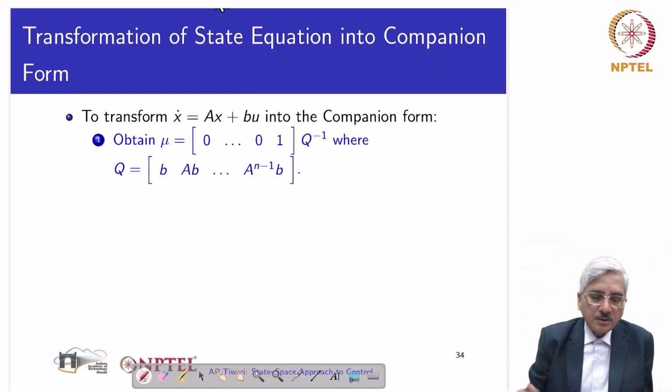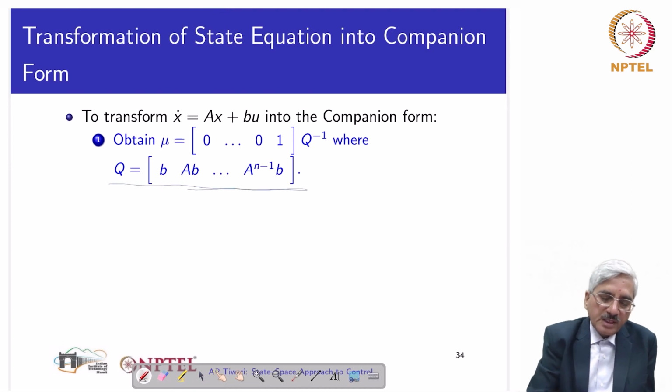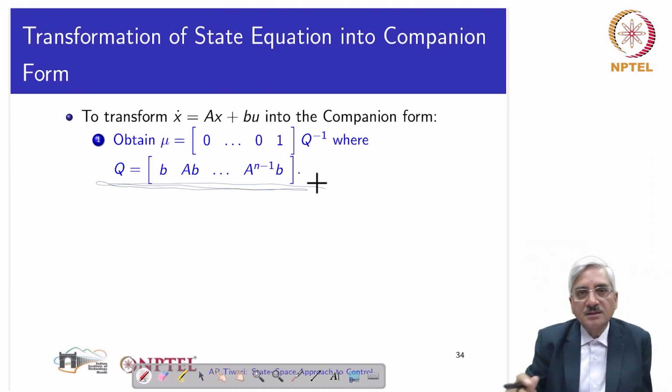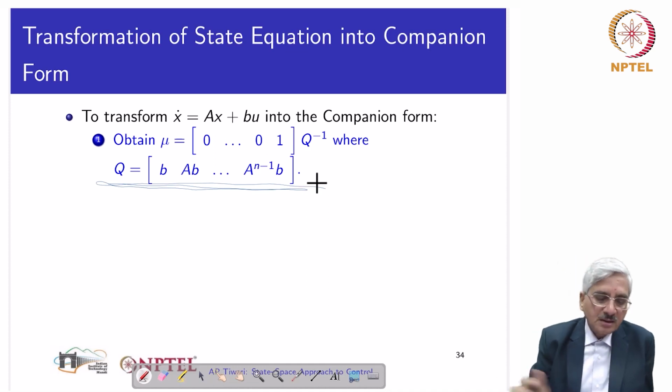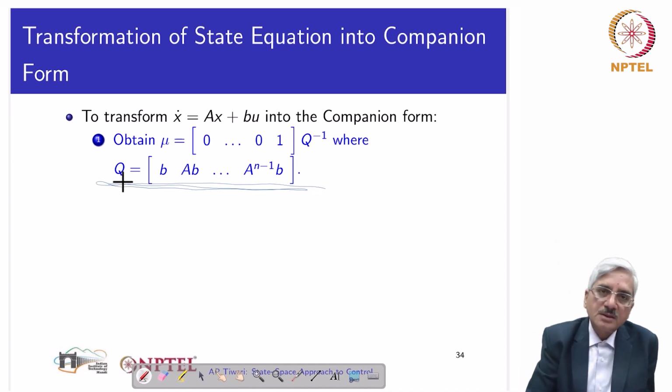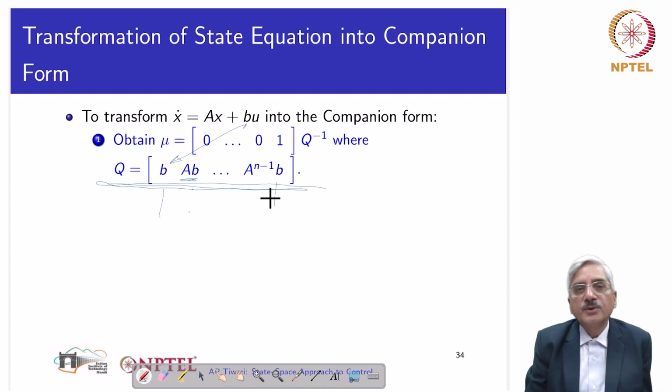So what we do is we calculate the controllability matrix Q. This will be discussed in detail in one of the subsequent lectures. Essentially, this controllability matrix Q is the column vector b, the input matrix, then b pre-multiplied by A, Ab, and so on till we get n columns, up to A to the n minus 1 b.